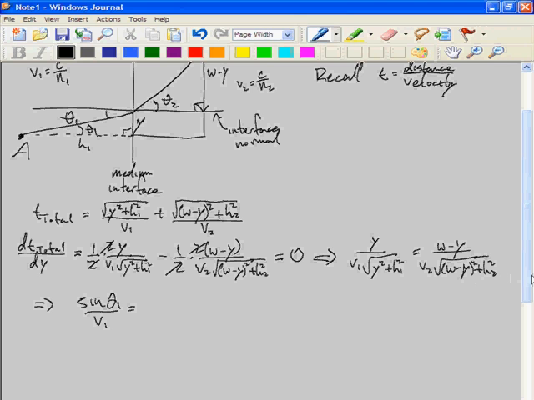And on the other side of the equation, we have the sine of angle 2 divided by the velocity of the light through medium 2.